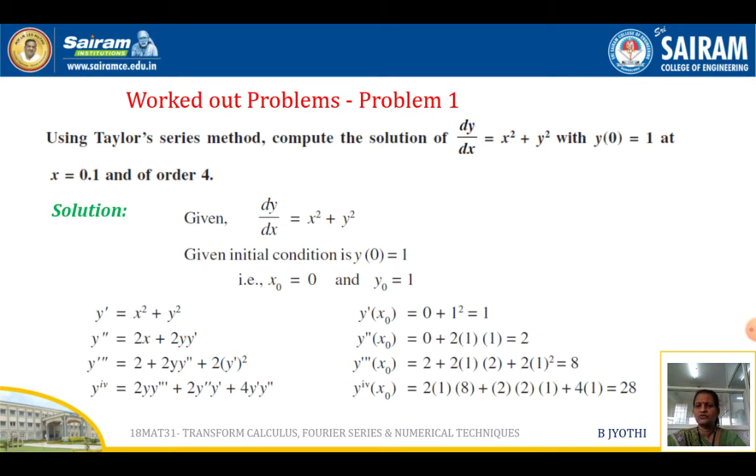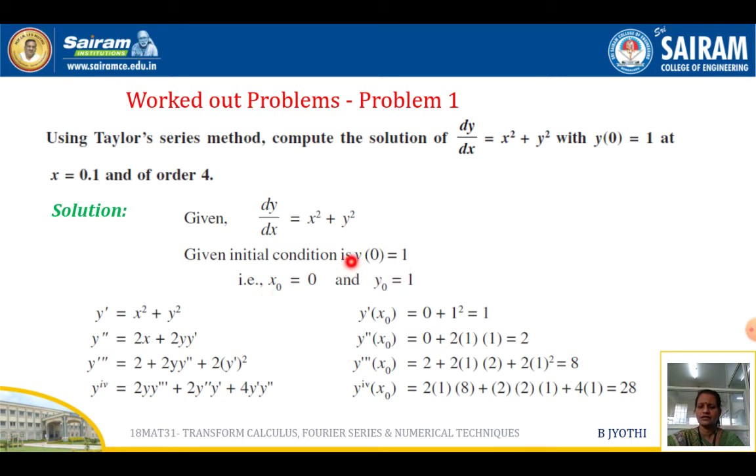First one: using the Taylor series method, compute the solution of dy by dx equal to x squared plus y square with y of 0 equal to 1 at x is equal to 0.1 and of order 4. Given dy by dx is equal to x square plus y square and the initial condition is y of 0 is equal to 1.